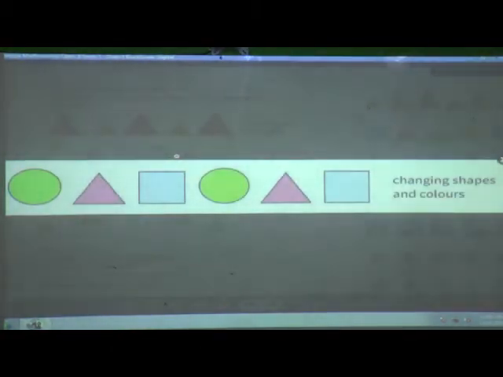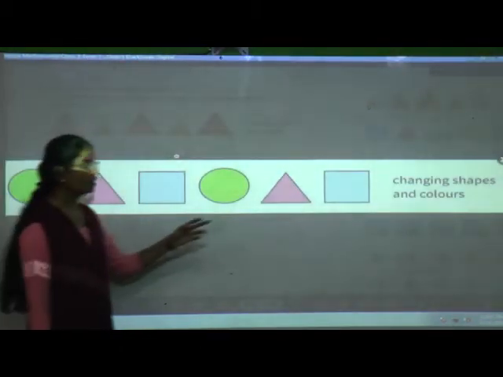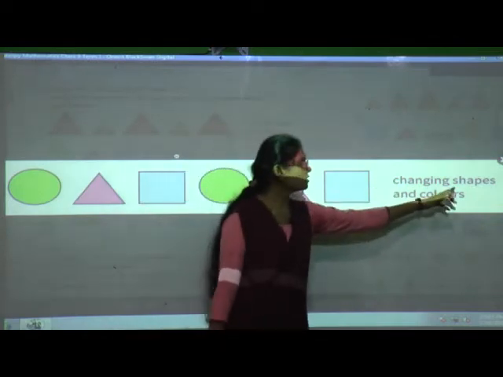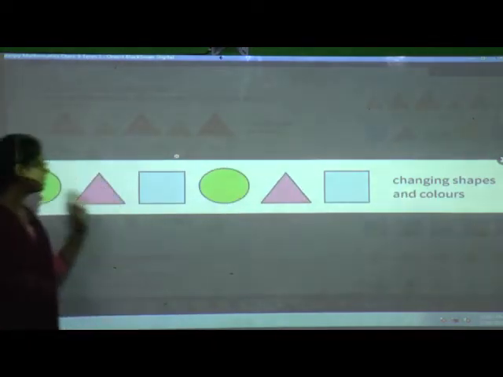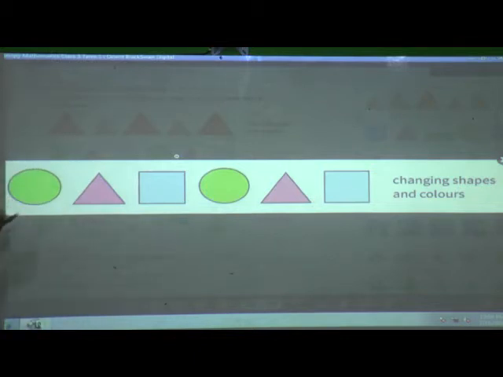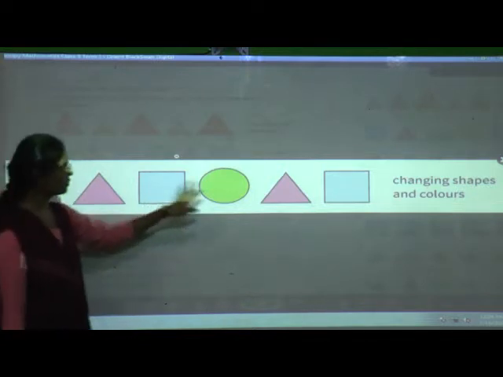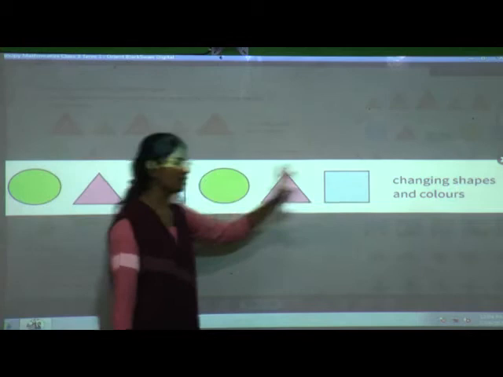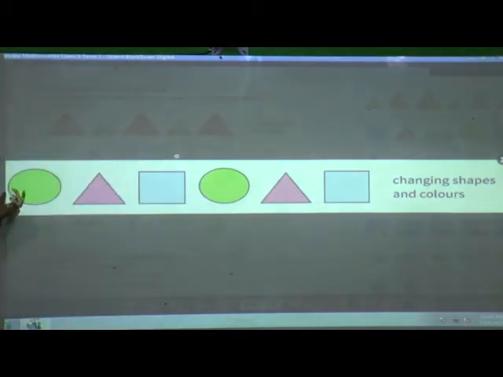see this, by changing shapes and colors. Now here by changing shapes and colors, different shapes are there, isn't it? See, this is, yes, what is this? This is oval. Then this is, sorry, this is a circle, triangle, square, circle, triangle, square. Now see here, what is the color of the circle?